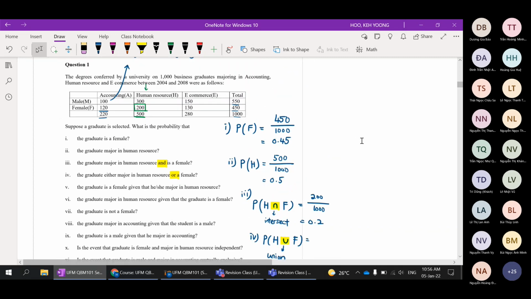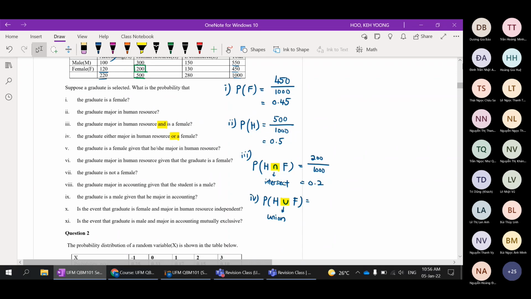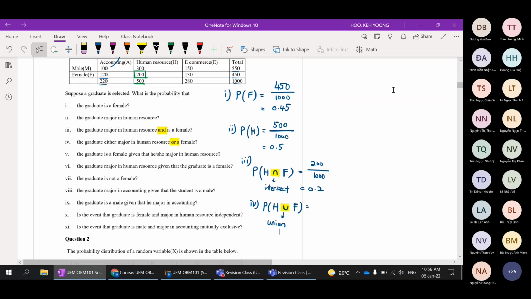For this one, there are two ways to solve it. We can use the addition rule formula.